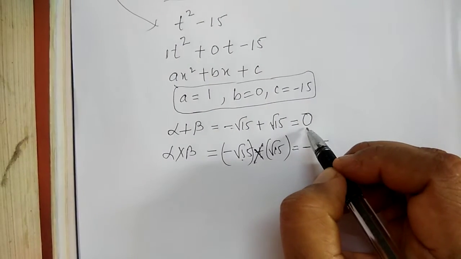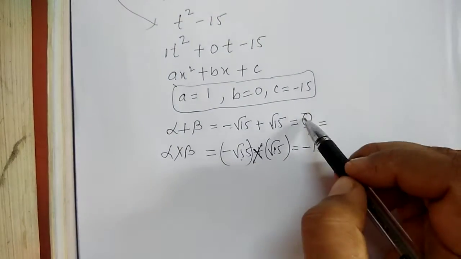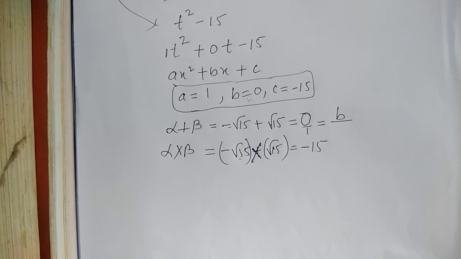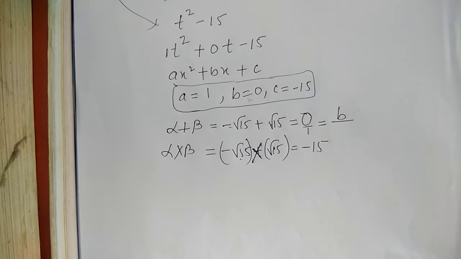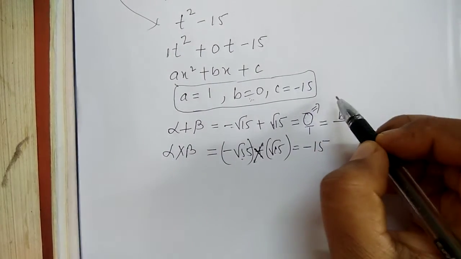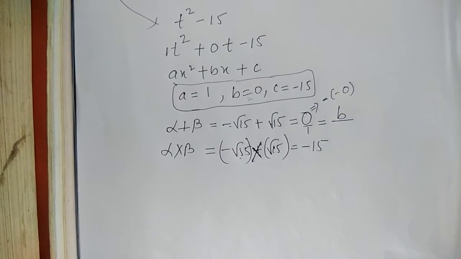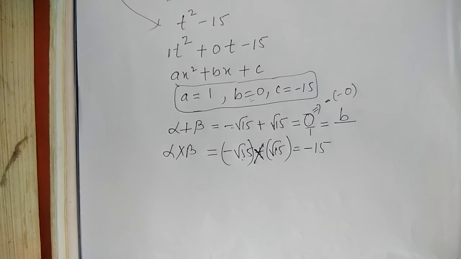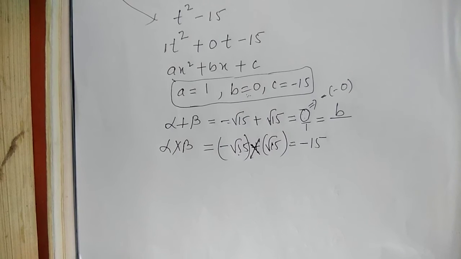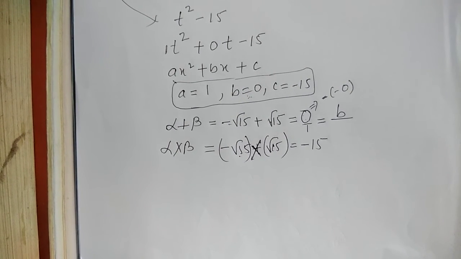Now 0 means nothing but 0 by 1. So 0 is the value of b upon, here I can write 0 as minus of minus 0 also. 0 actually does not have any sign, but we have to adjust the term according to the relation. Okay, so I can write it as minus of minus 0. The minus minus will become plus and you will get 0.